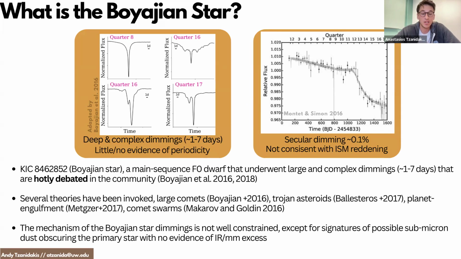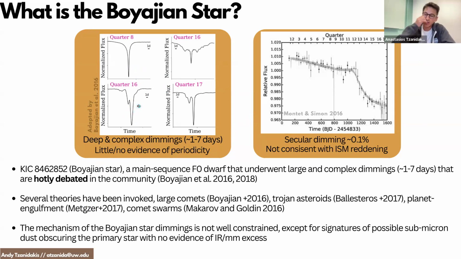a citizen scientist actually pointed out that there was a star in the Kepler survey that seemed to exhibit these really weird dips in its light curve, the Boyajian star. Tabitha Boyajian and collaborators led a paper characterizing what this system was.